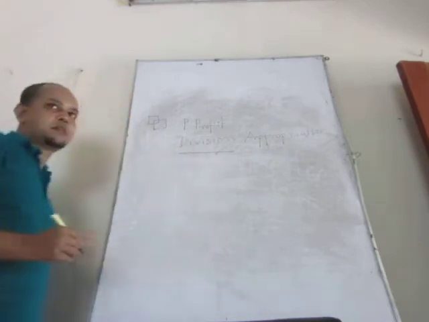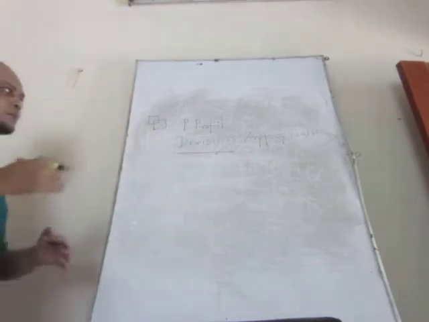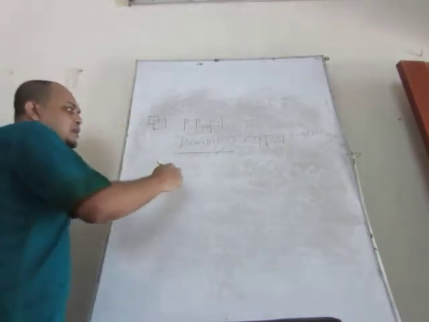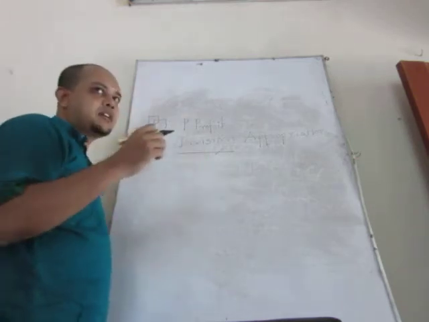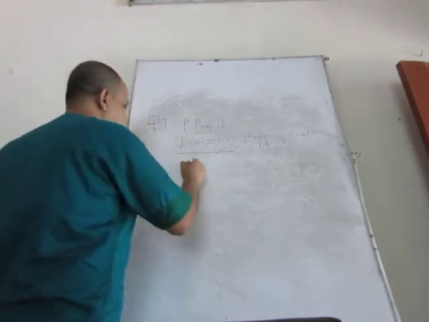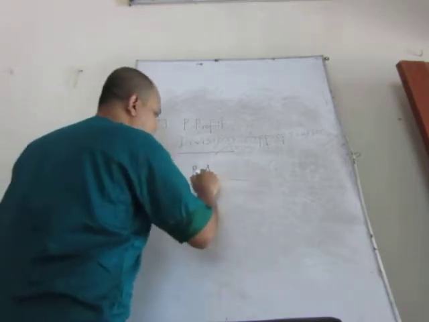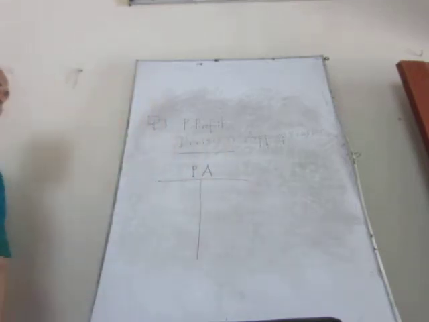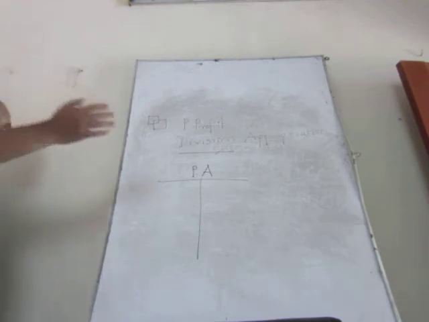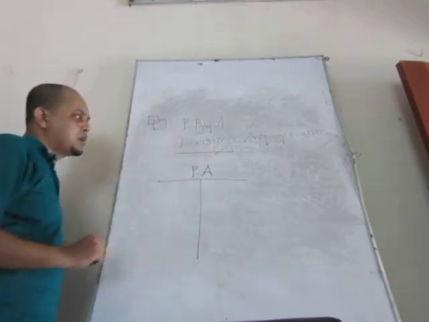Profit division or profit appropriation. It means how the profit will be distributed between the partners. It's a process, and this is done with a specific kind of ledger account which is called the profit appropriation account. Just like the other ledger accounts, it's the profit appropriation ledger account.